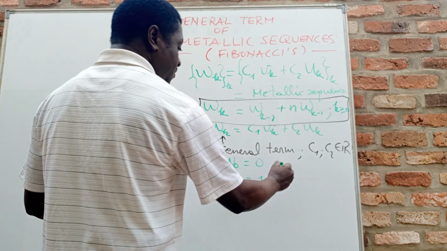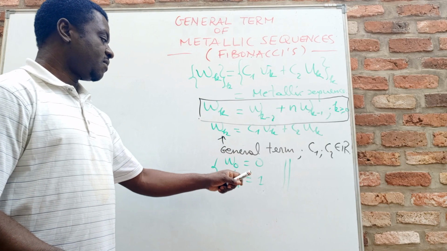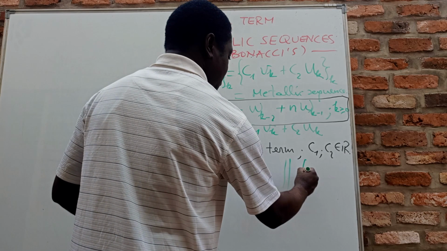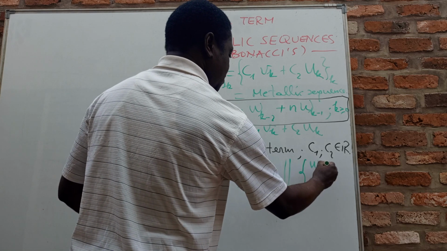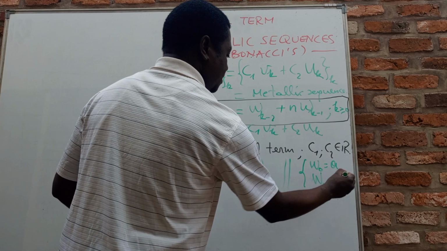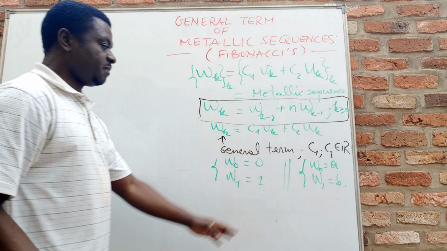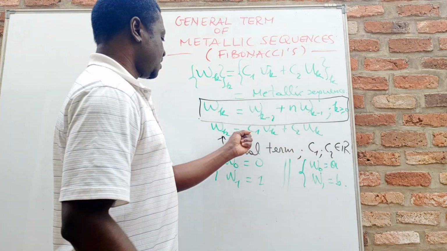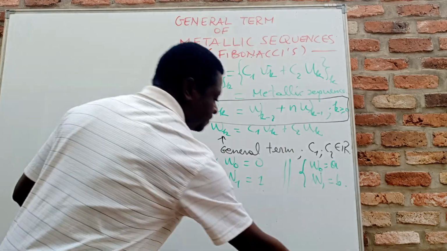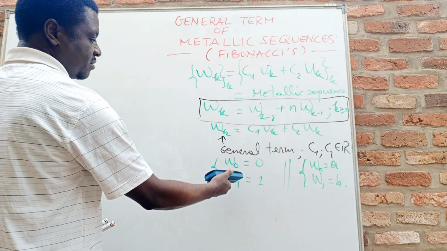It is not necessary to always start with 0 and 1. We can also start with different initial conditions, some real numbers, suppose W0 equals A, W1 equals B. These initial conditions will lead to the general form of this sequence, this general term.